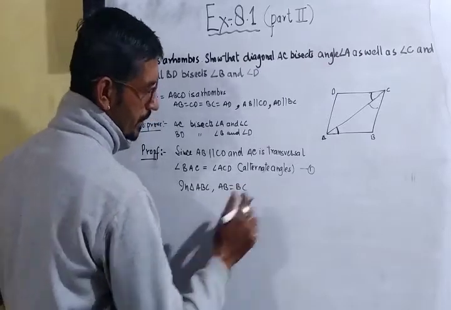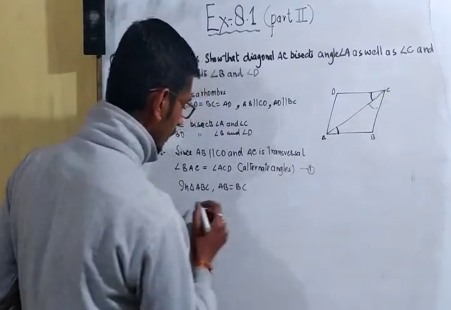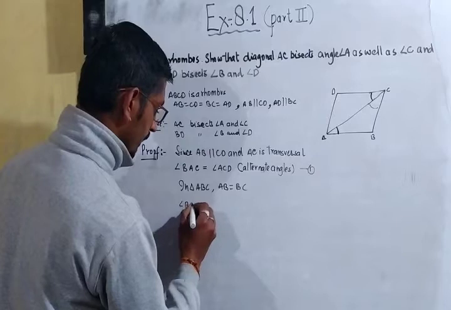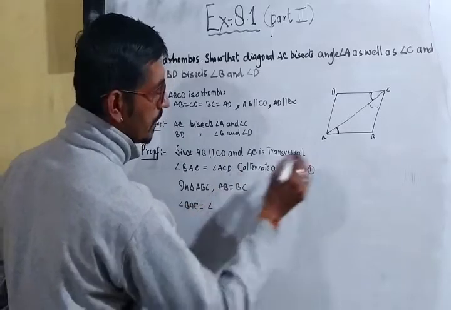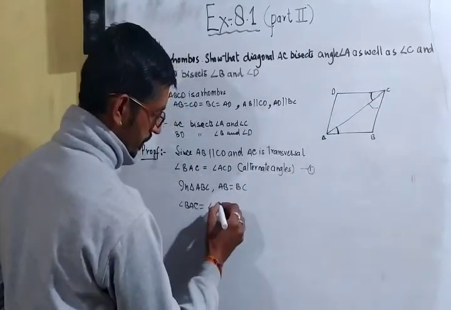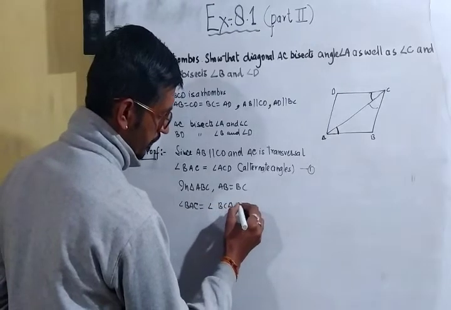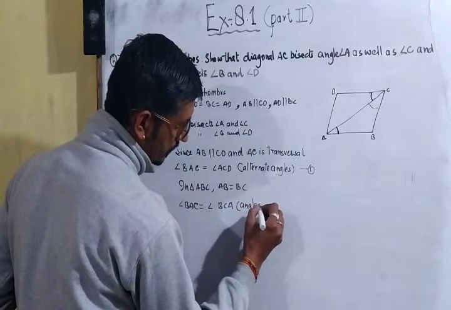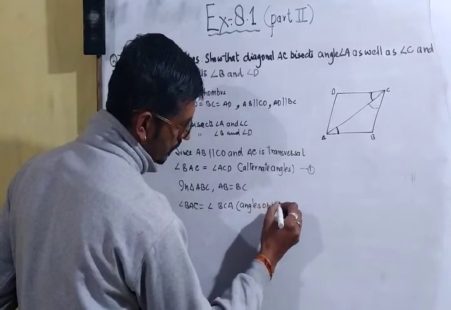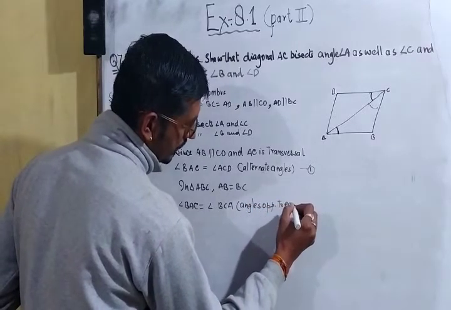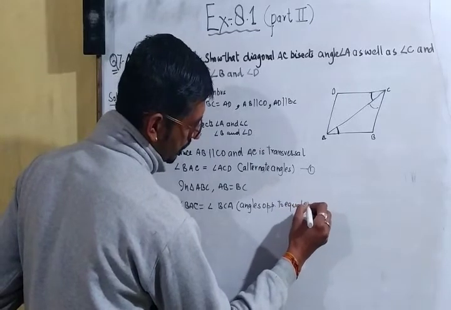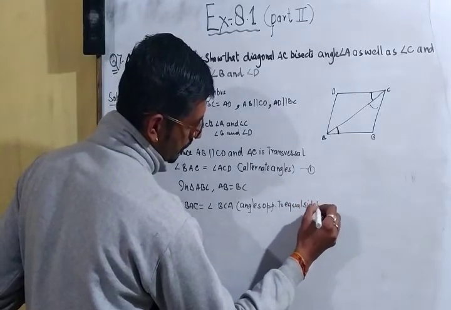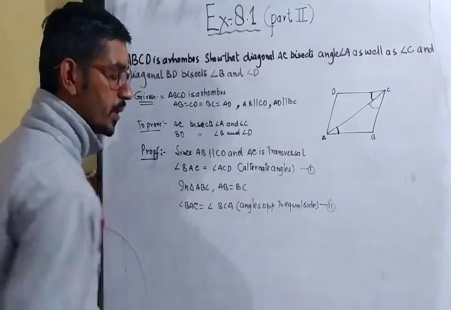Okay. So what we can say, angle BAC is equal to angle BCA. Why? Angles opposite to equal sides. This is equation number 2.